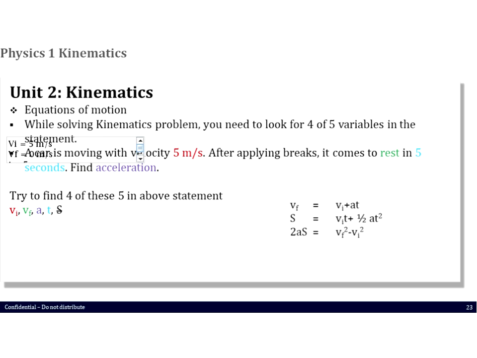Let me push this up a bit and put the values here. So VF is equal to VI plus AT. Just plug the values to begin with. VF is equal to 0, VI is equal to 5, plus A, acceleration, we don't know that.